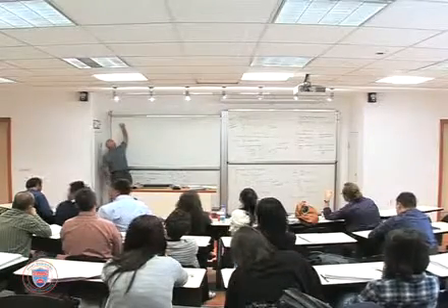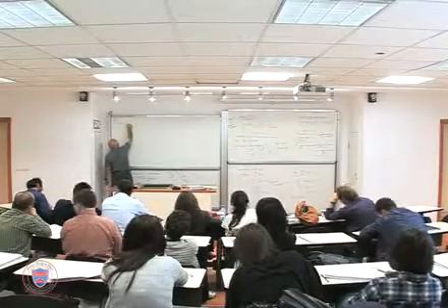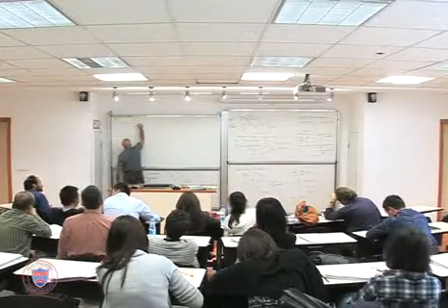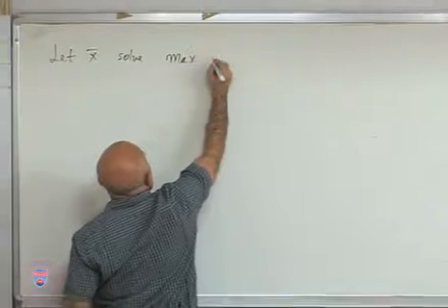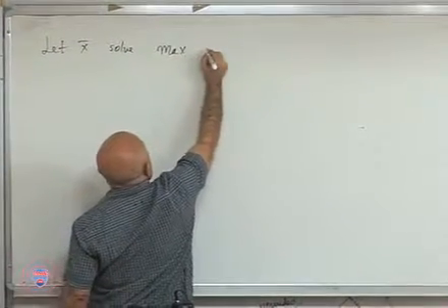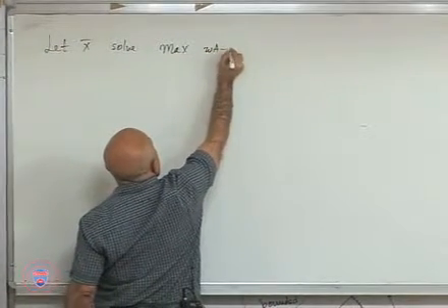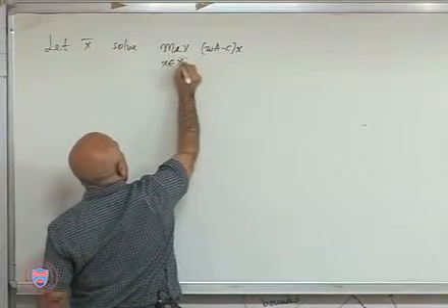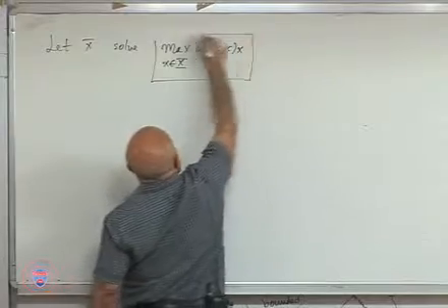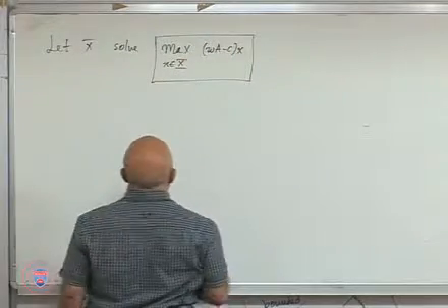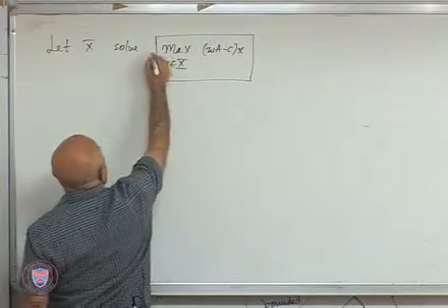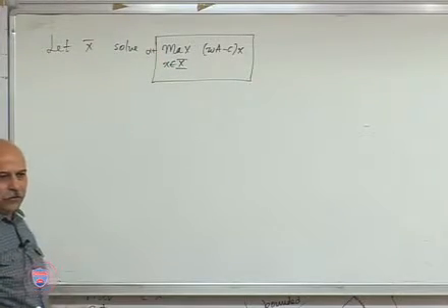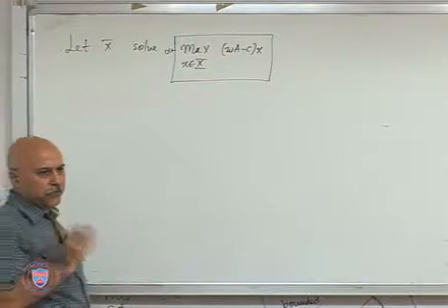So let X bar solve the problem, maximize WA minus C, X, X in X. Of course, there's an alpha here, which is supposed to be added to the objective value once you solve it. So don't forget that.